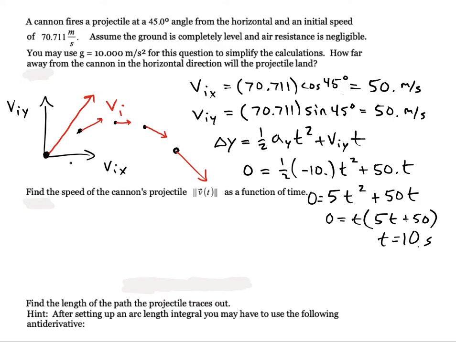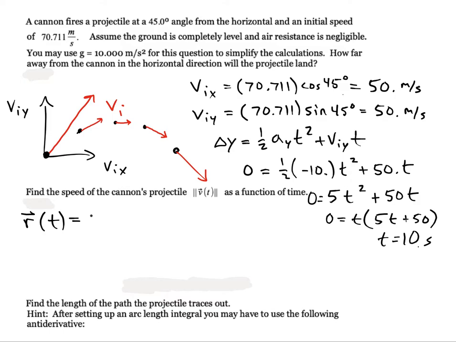So what I would do is try to come up with an expression for the position of this cannonball as a function of time. In order to do that, you have to come up with its horizontal and vertical velocity. We already know the horizontal velocity is going to be constant.